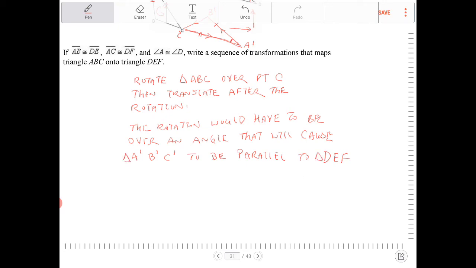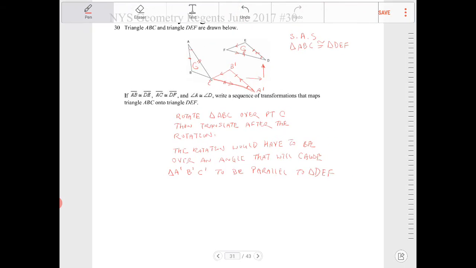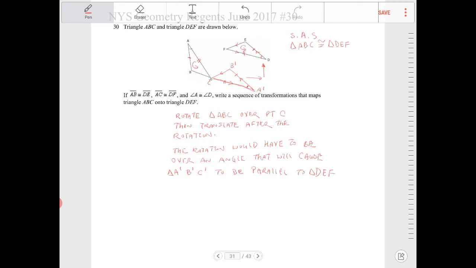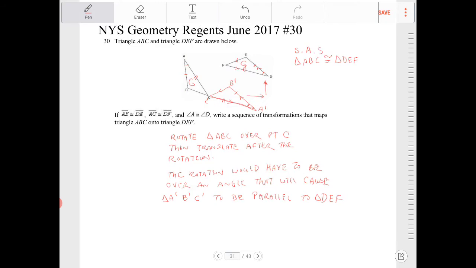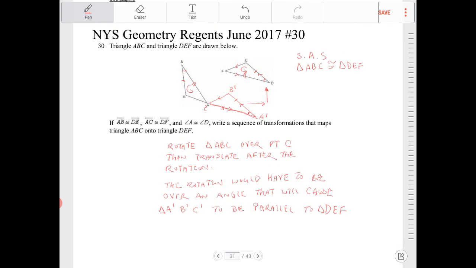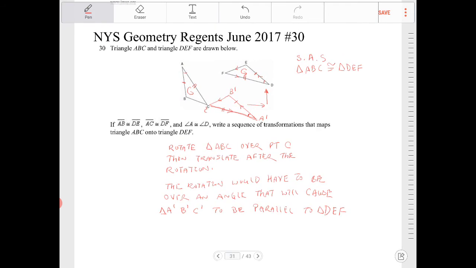So all the corresponding sides should be parallel to DEF, as I was trying to attempt to do. I'm just putting on paper, writing down, the logic that I just explained to you.